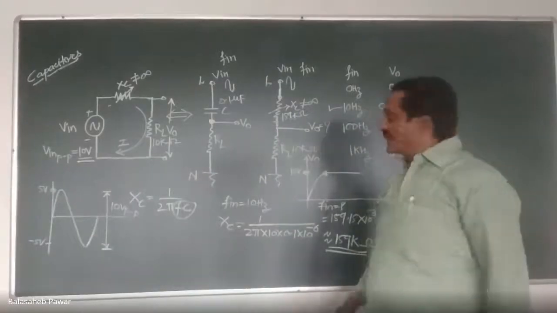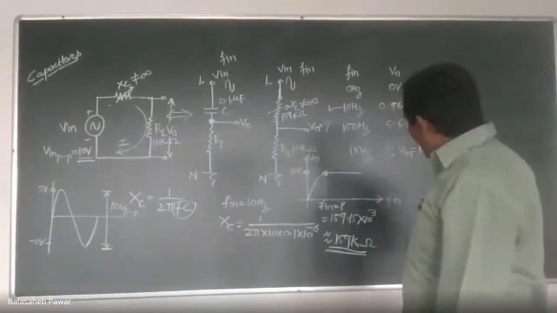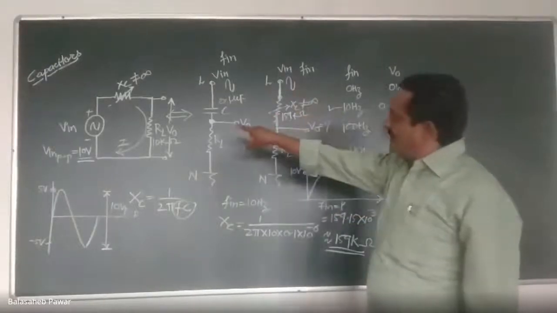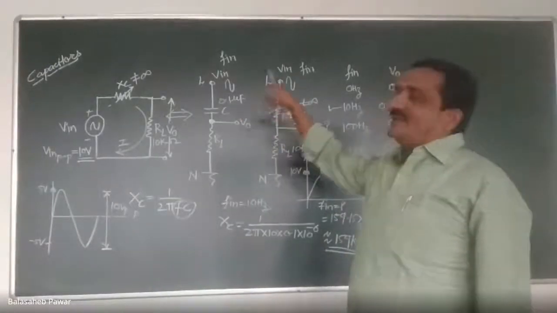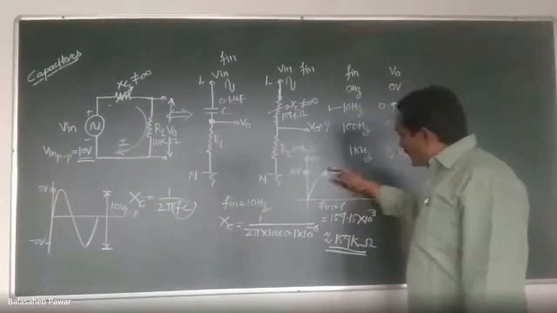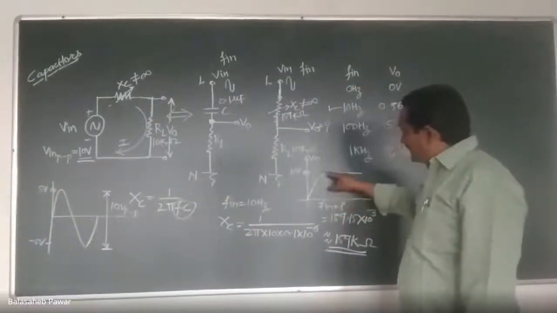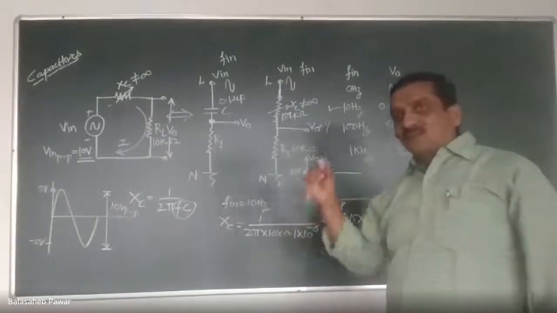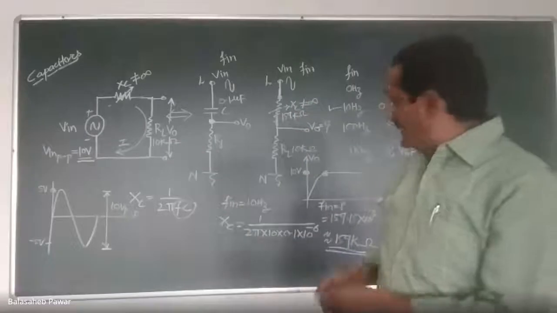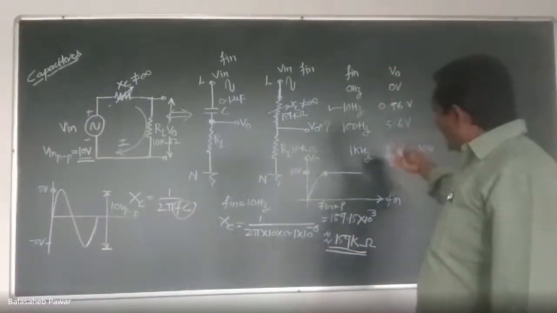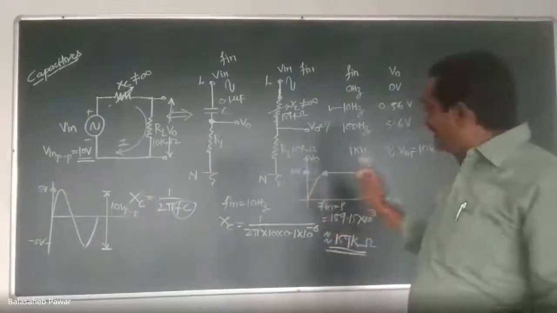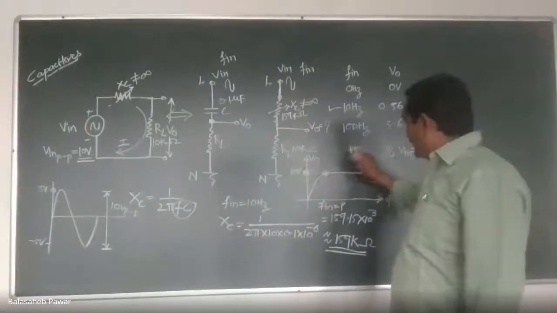So can you determine the frequency of the input signal for the same network, that is a capacitor of 0.1 microfarad and load resistance of 10 kilo ohm, at which the output will remain equal to input? You can determine it. Whatever calculation is there, you have to reverse it, so that you can determine that input signal frequency.